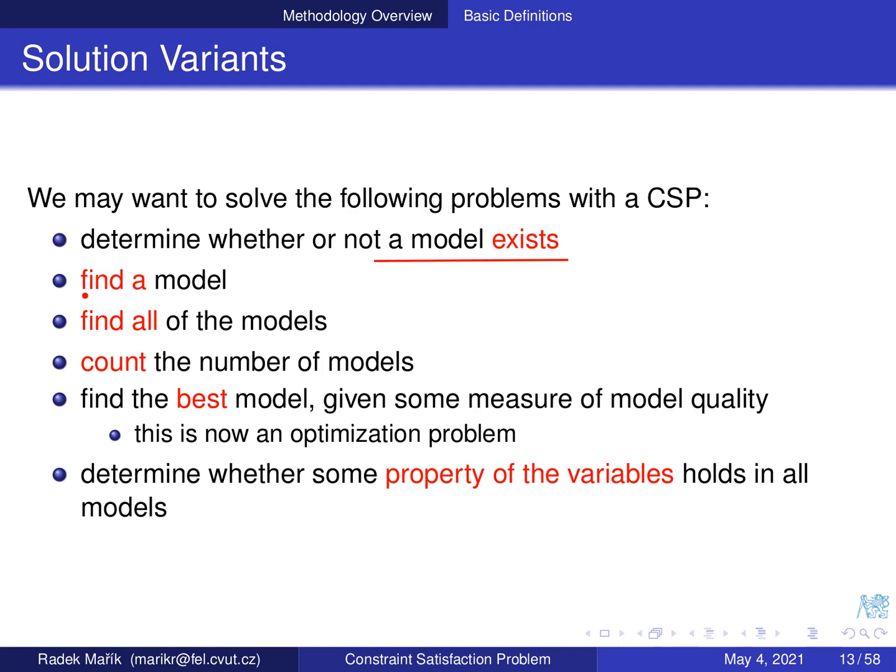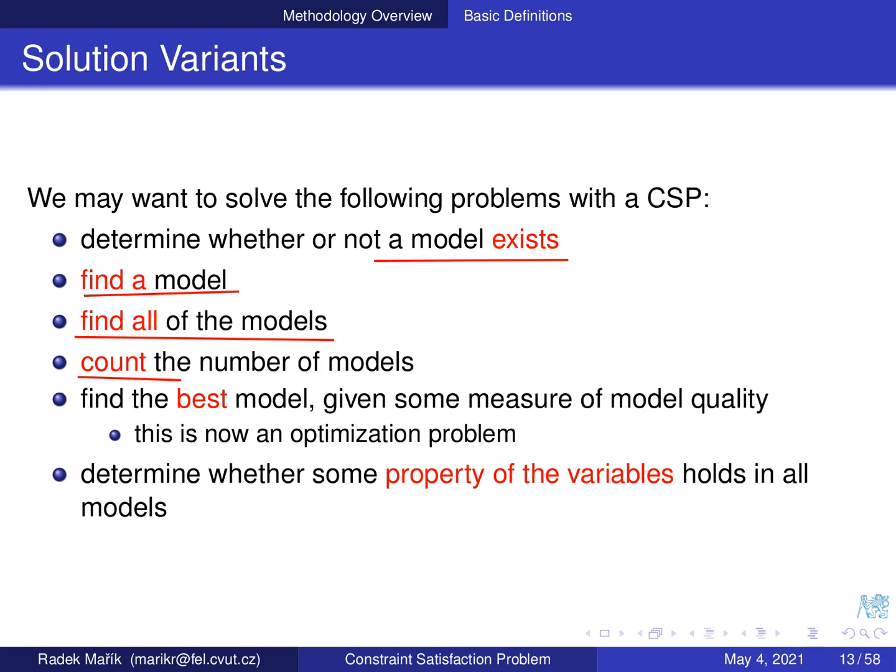Or we can search for a model. We are not interested in others, it is enough to know just one model. Or we can search for all possible models. In some cases, we don't need to know all models, but we operate only on the count, the number of the models.